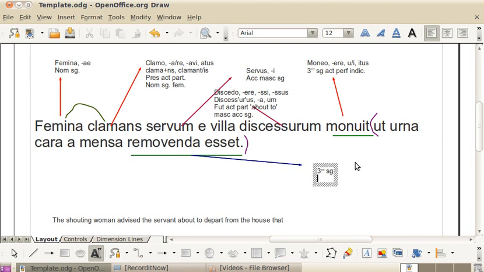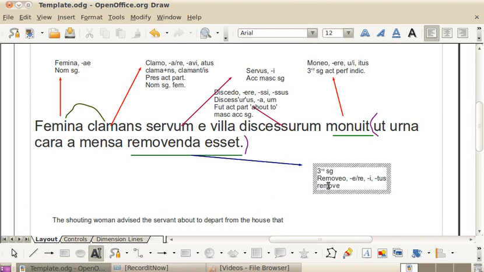Okay, so I think it's important for us to figure out, in fact, what type of participle removenda is, and it comes from removeo, removere, removi, and remotus. And removenda is formed from the present stem. The present stem of the verb we get by removing the re from the second principal part, or the infinitive, leaving us with remove.